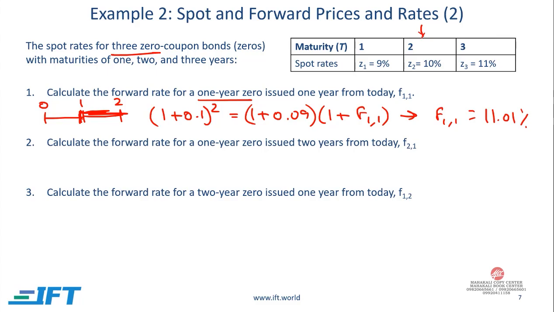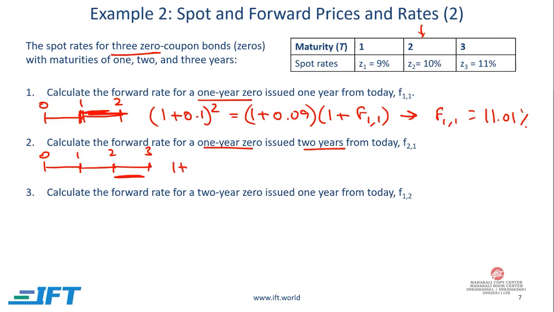Then next, calculate the forward rate for a 1-year zero issued 2 years from today. So now we have a 3-year situation, 0, 1, 2, 3. A 1-year zero issued 2 years from today, so that would be for this period. And we use the same process. Here we will have (1 plus Z3) cubed because we want this period.